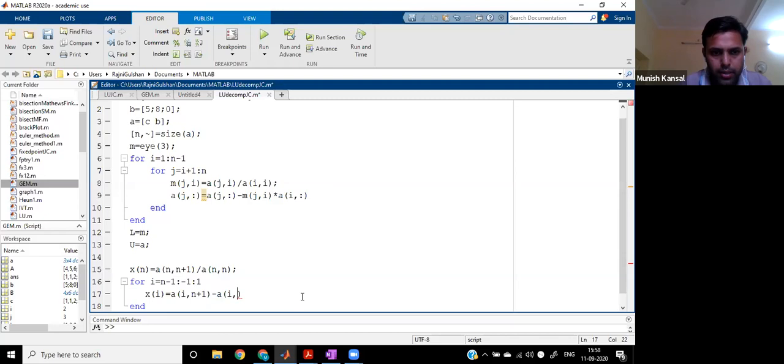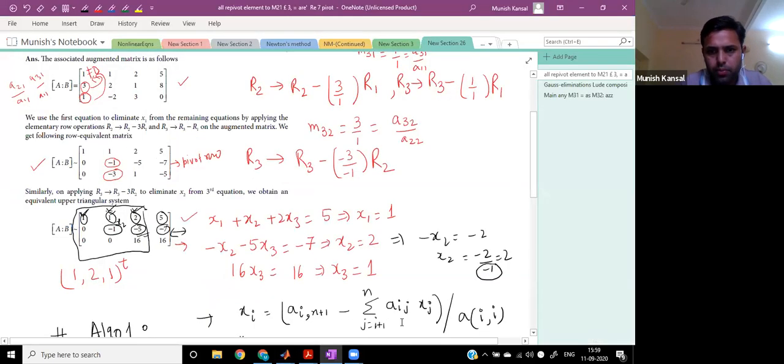Where does it start? The sum will start from i plus 1, because the ith entry is the one you are calculating, so you start from i plus 1 up to the last row, n. Into x, look at this formula: j will run from i plus 1 to n. So in the ith row, j is running from i plus 1 to n. Similarly, j will run from i plus 1 to n.